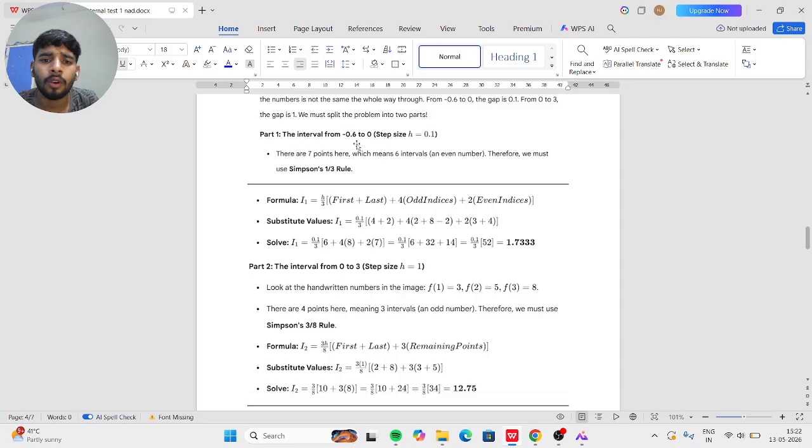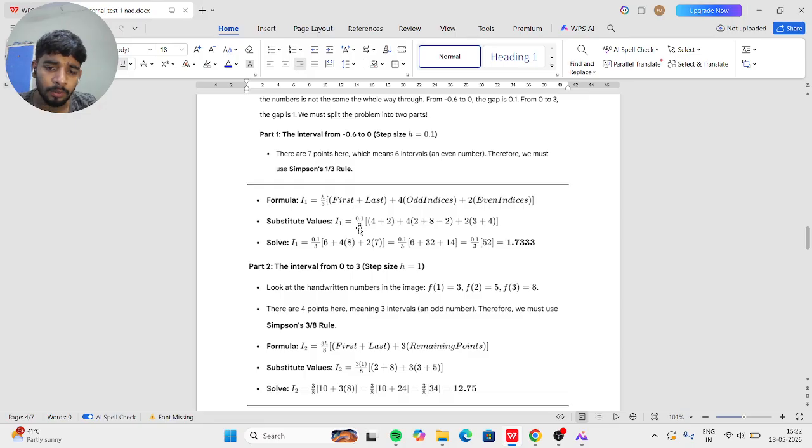The interval from minus 0.6 to 0 has a step size of 0.1, and there are 7 points, which means six intervals, an even number. Therefore, we must use Simpson's 1/3 rule. The Simpson's 1/3 formula says I equals h/3 times first plus last plus 4 times odd indices plus 2 times even indices.